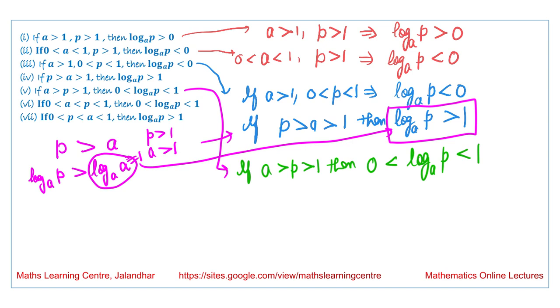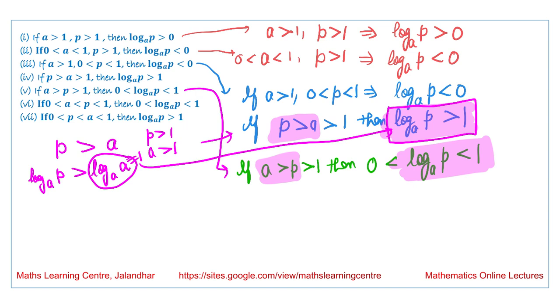Now the condition that is different over here is that in the previous case we said p is greater than a, and now we are saying a is greater than p. In the previous case we had log p to the base a greater than 1, and in this case log p to the base a is less than 1.